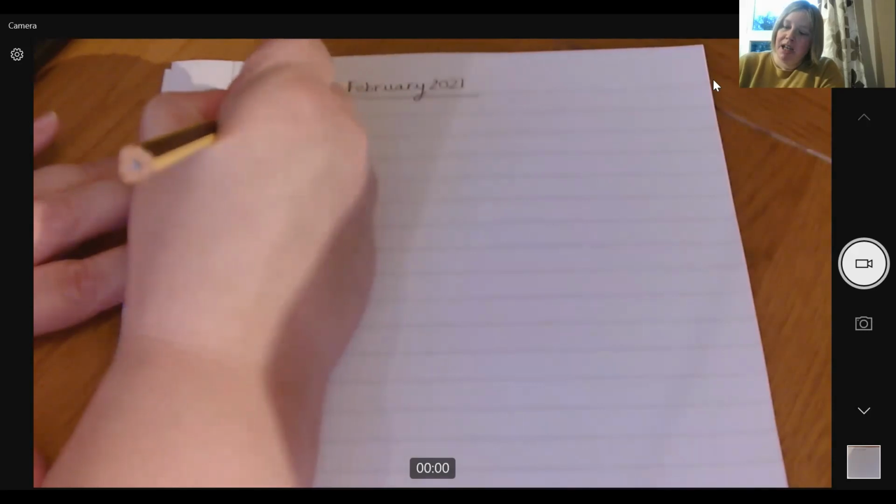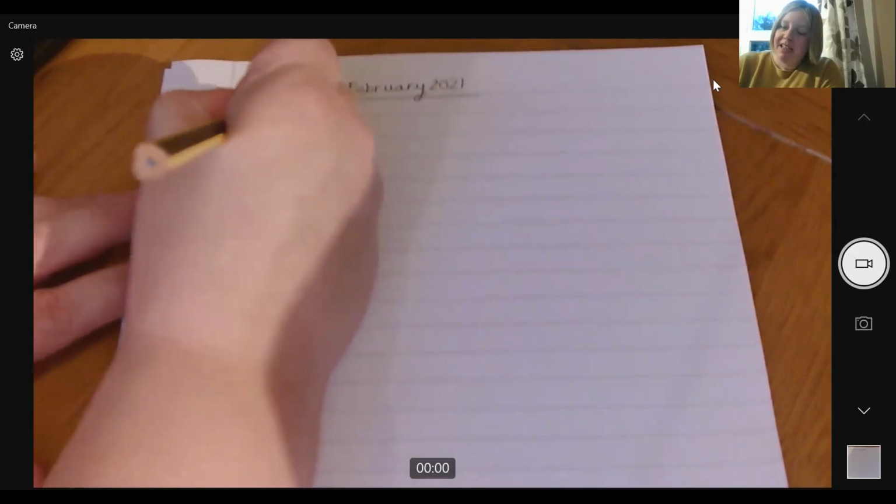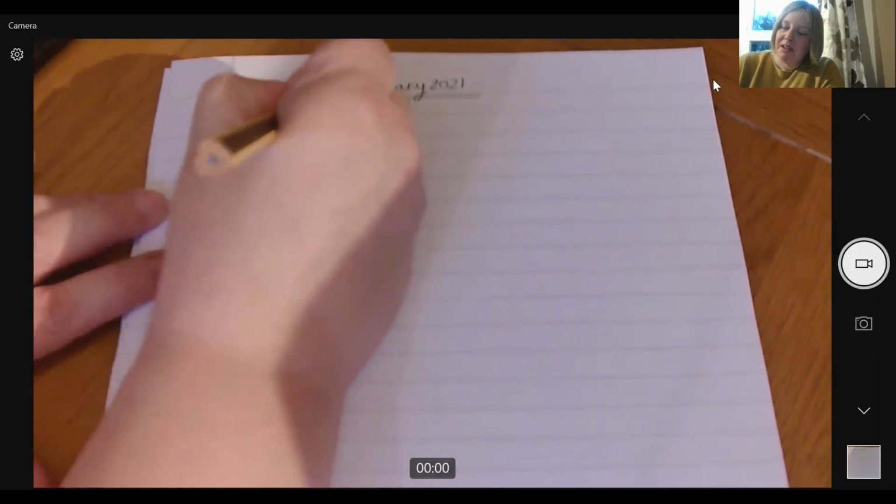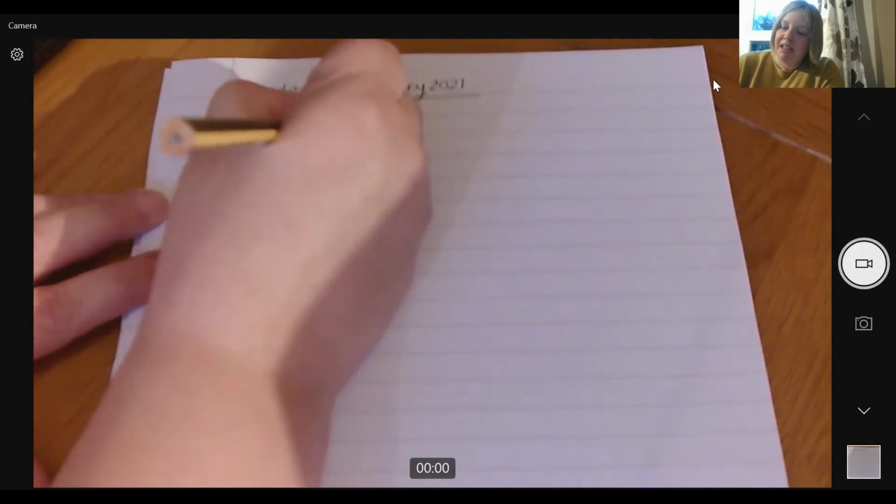Our text map started with day 46 because we're writing a diary entry and it's important to know which day we are on. So I'm going to skip a line, and the first thing I'm going to do is write day 46.